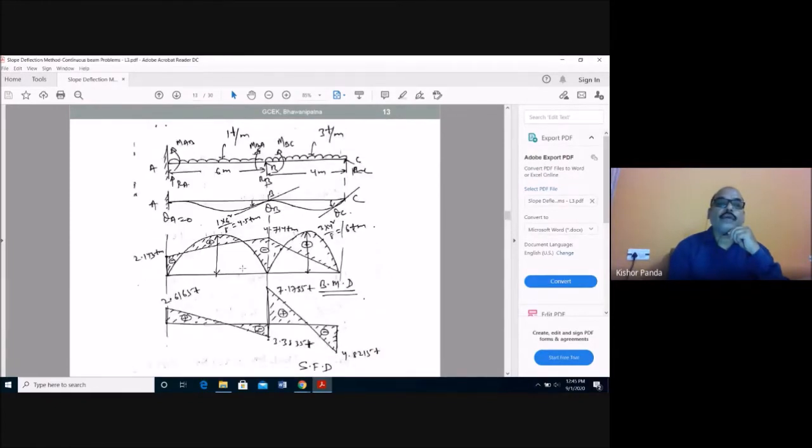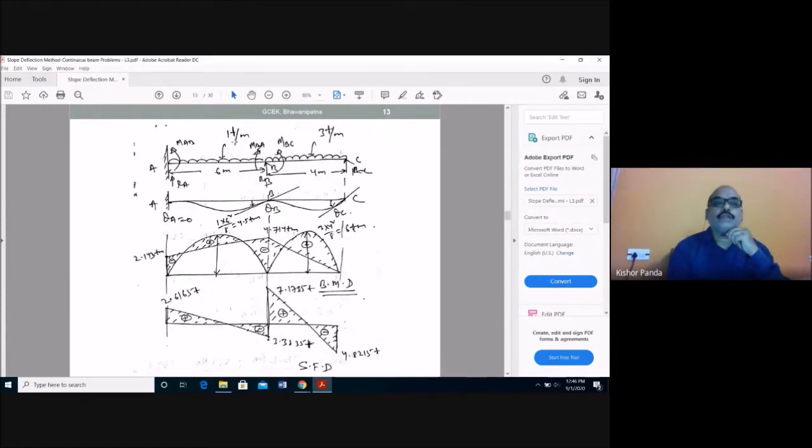Then you have to find out the shear force at A. For this, you take the shear force value just left of B, and then this force is a downward force.